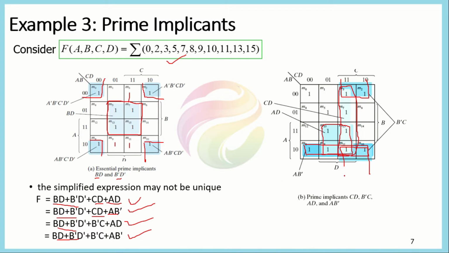So we have seen from this example that if you minimize any given Boolean function through the K-map, you may not always end up with a unique expression, but the gate-level implementation would remain the same. The number of gates required for that implementation will remain the same.